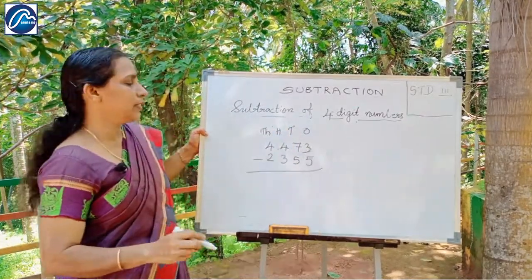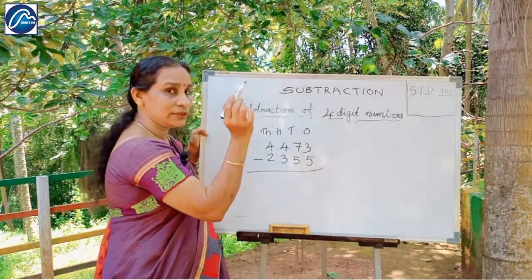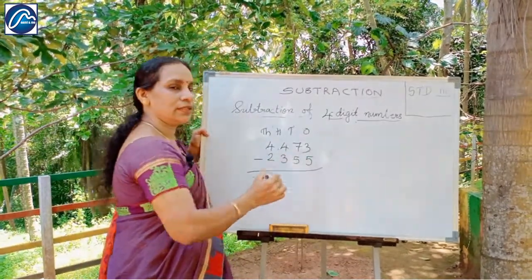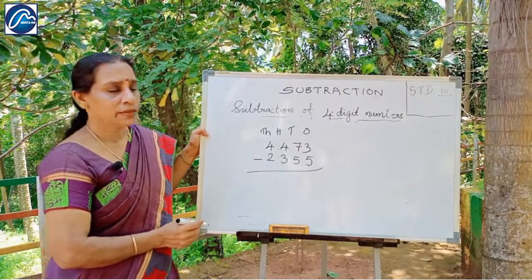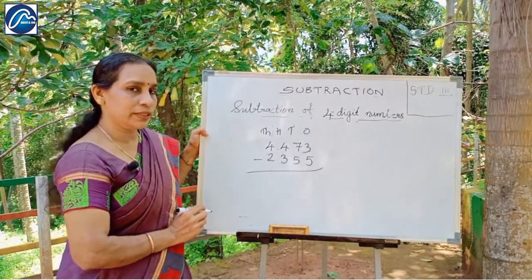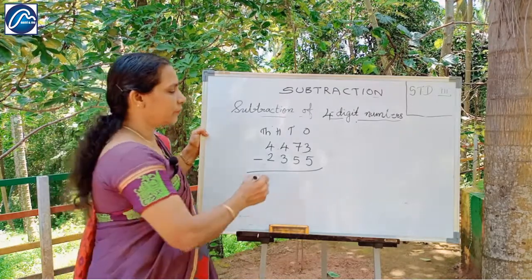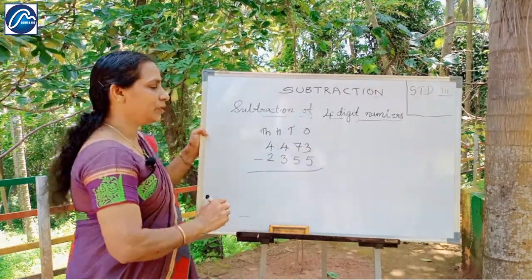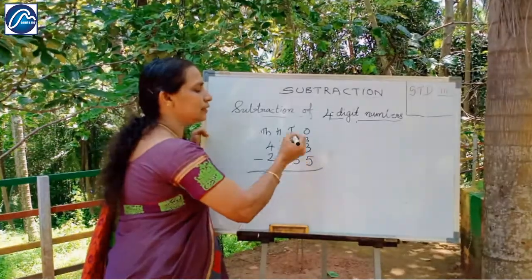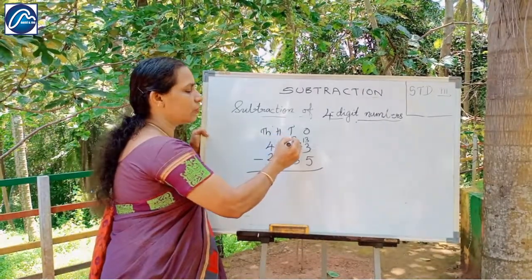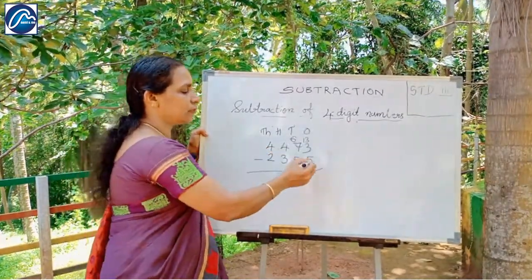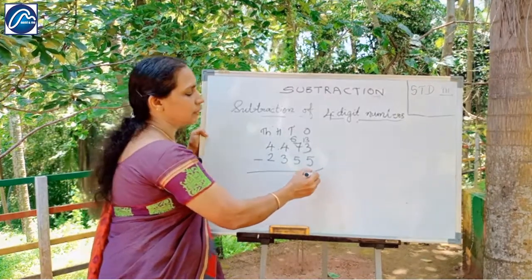Which place should we subtract first? Ones. Can we subtract 5 from 3? No. What will we do? We will take 1 from here, 1 ten. So it is 13 ones. And here only 6 tens. 13 minus 5, 8.